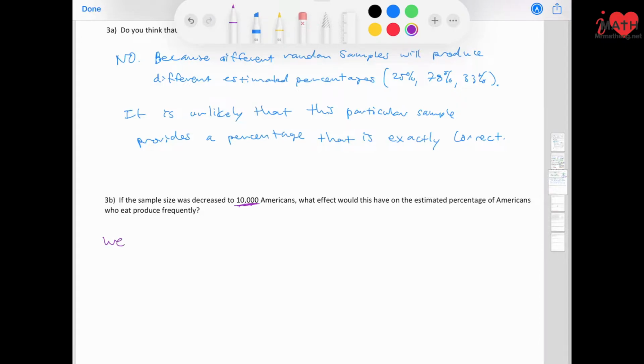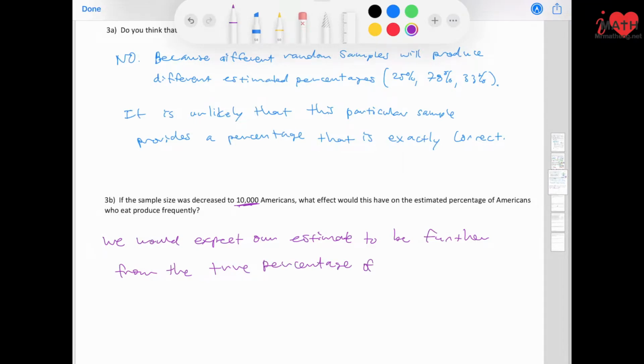So we would expect our estimate to be further, so not as accurate, from the true percentage of Americans who eat produce regularly.